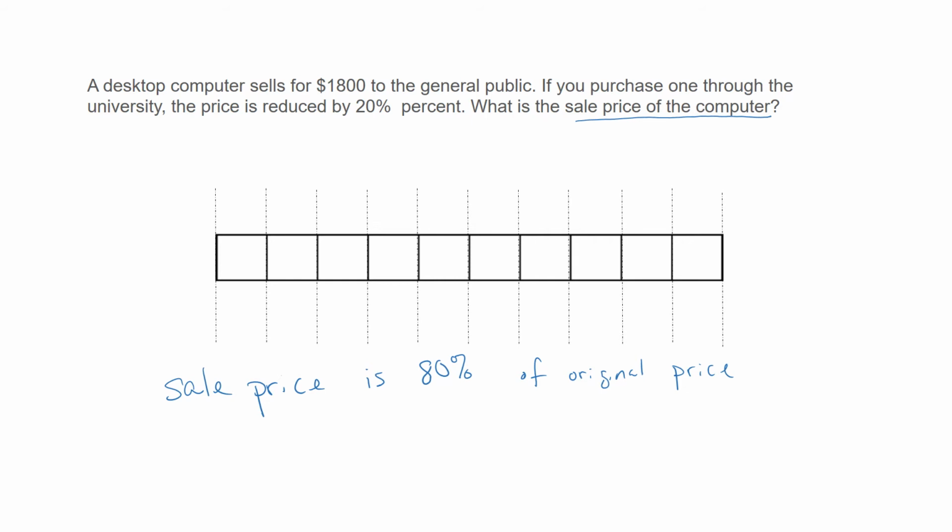So, if I have my price going up to $1,800, what I want to know is, here's where 80% is. I want to know what is that sale price. So the sale price out of the $1,800 is the same thing as 80% out of 100%. So I can set this up.